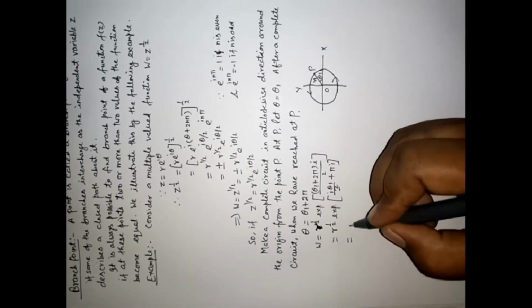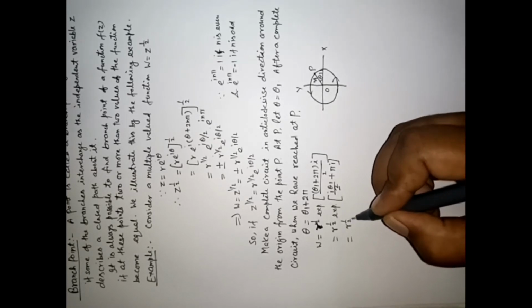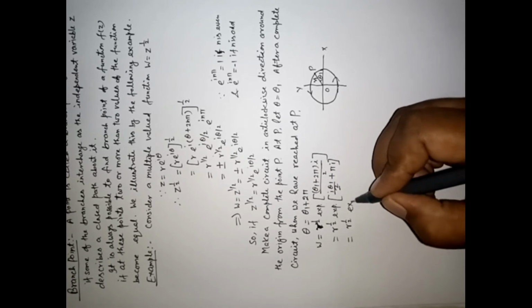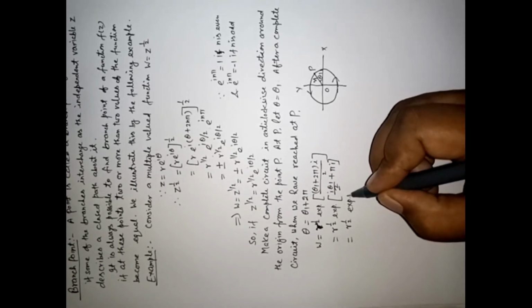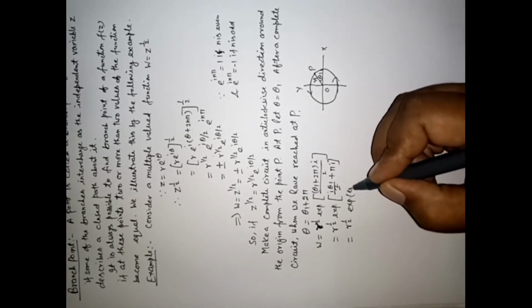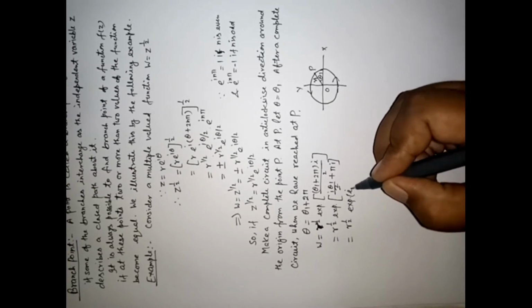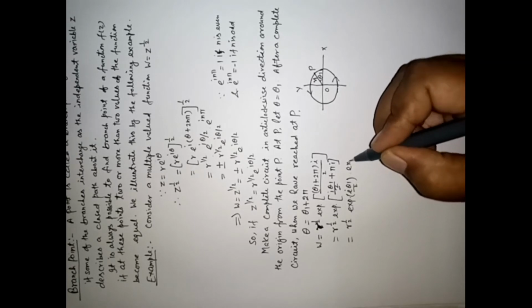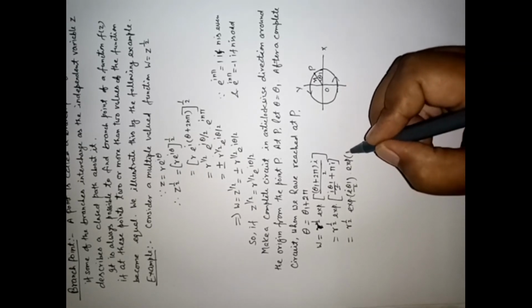This equals r power half into exponential of i theta 1 by 2 into exponential of pi i.